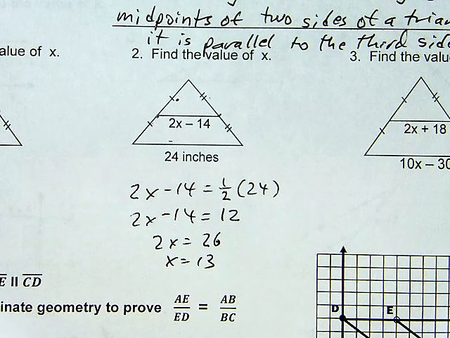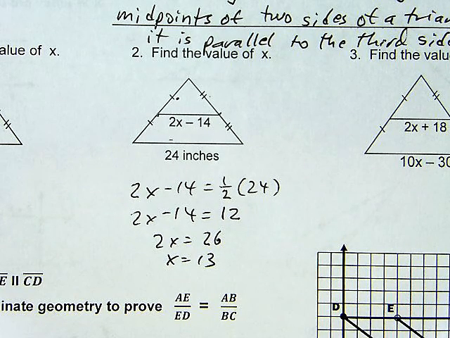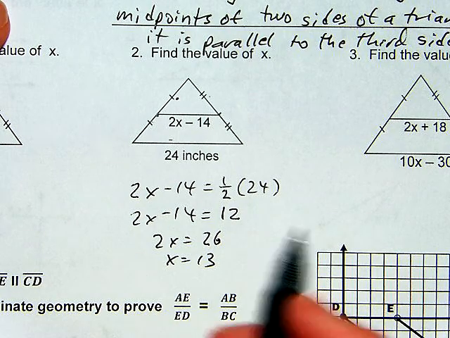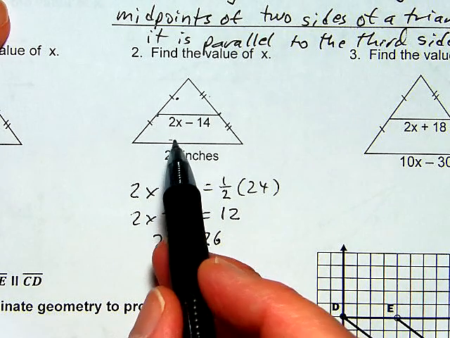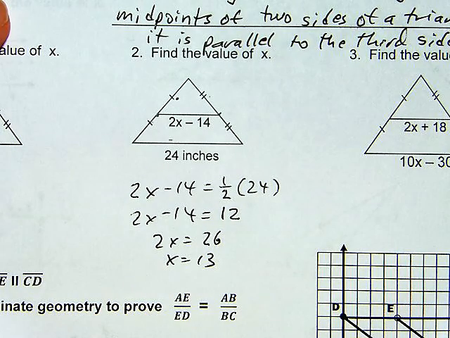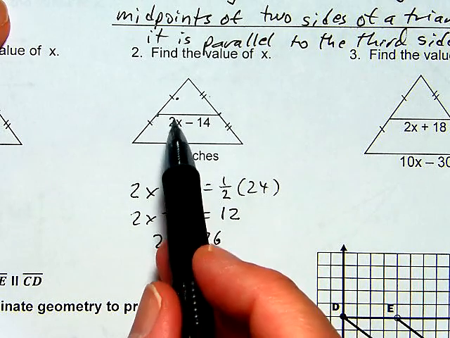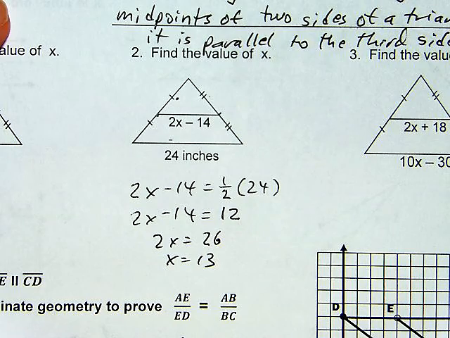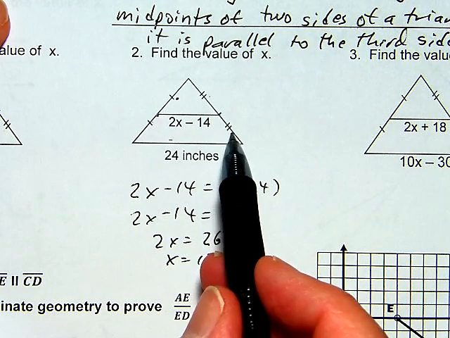Okay. Hopefully that is pretty elementary algebra. And if we plug 13 back in here, we get 2 times 13 is 26, minus 14 is 12.